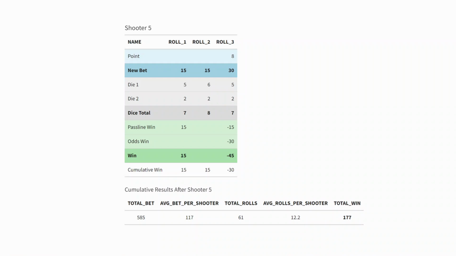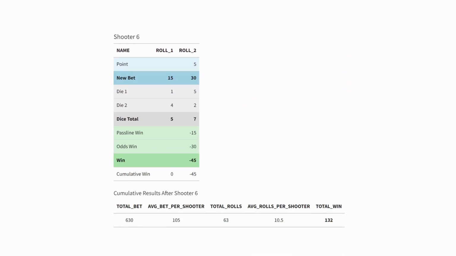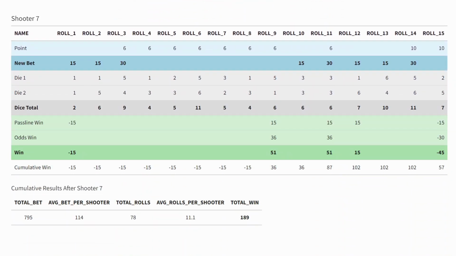So their average bet per shooter halfway through is $117. Shooter 6 is a 7 out. Shooter 7, they had a craps. They hit their point of 6 after a few rolls and then hit another 6 and then hit a 7. So they won some money off this one. 15 rolls.